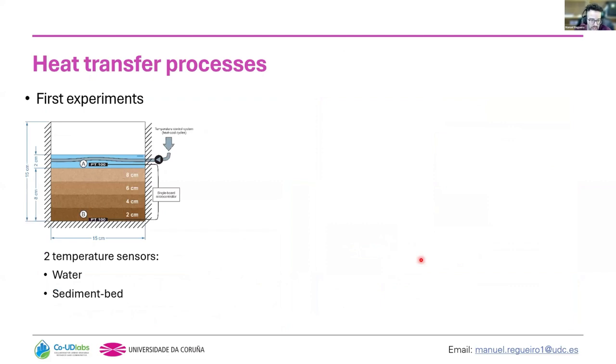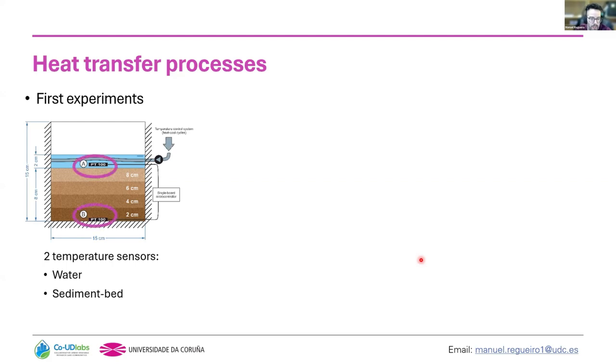At the beginning, we ran some preliminary tests at the University of A Coruña with just a couple of sensors, one at the very bottom and one in the water layer.